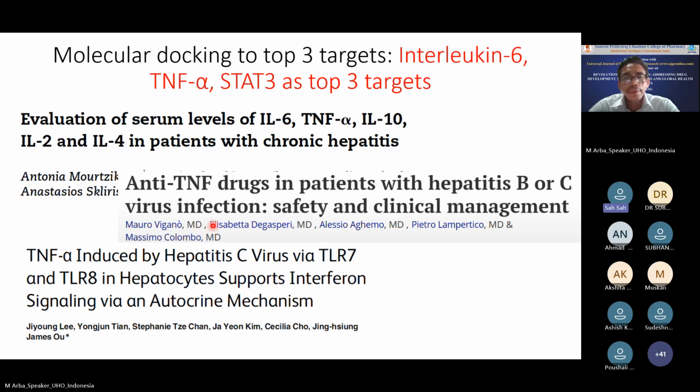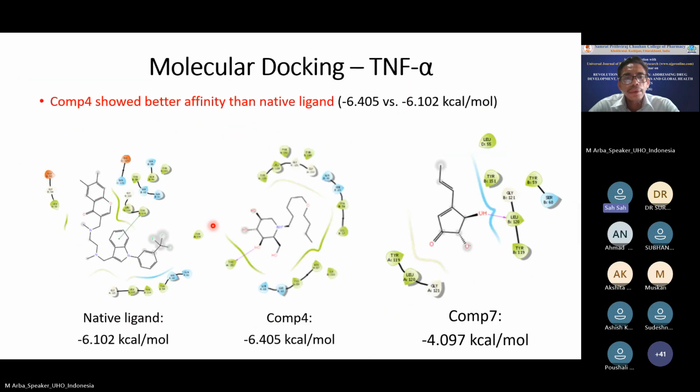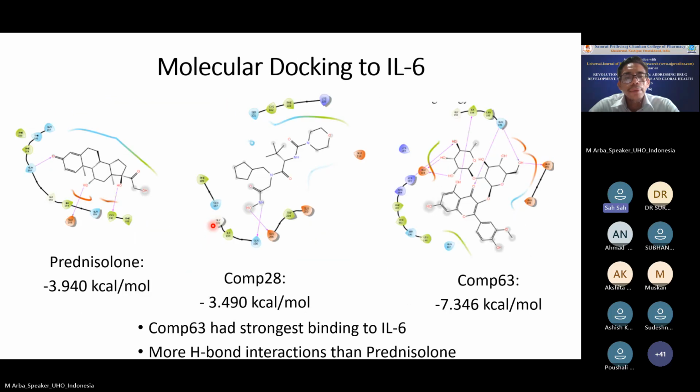And we obtained that some molecules have comparable binding affinity compared to existing drugs. We used prednisolone in this case for interleukin 6. We see here prednisolone has a binding affinity of about -3.9, and our compounds -3.4 and -7.3.